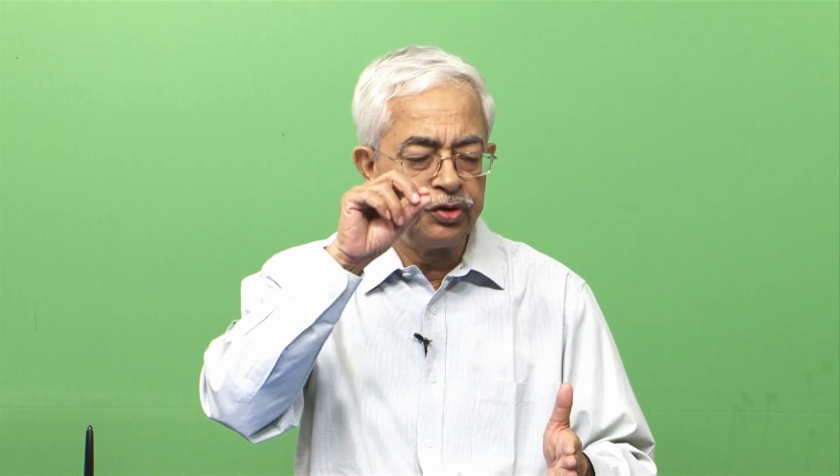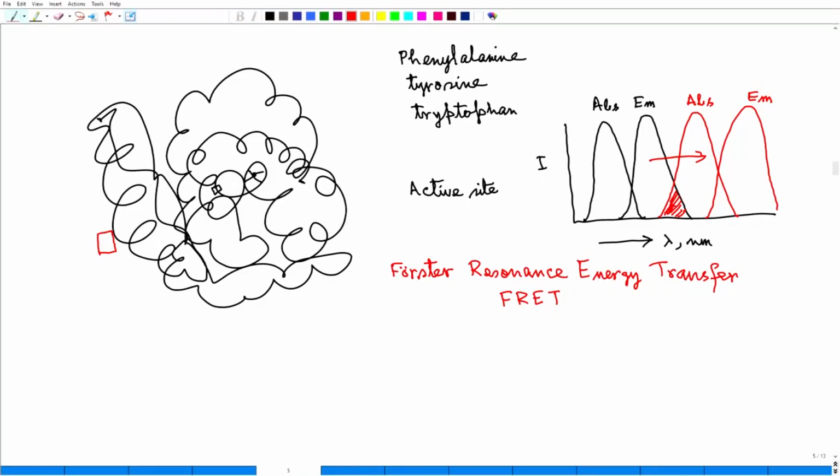If this fluorophore is like this, and my synthesized fluorophore and the tryptophan we have zeroed in on, if this tryptophan's orientation does not match, then FRET will not be possible, FRET will be minimum.